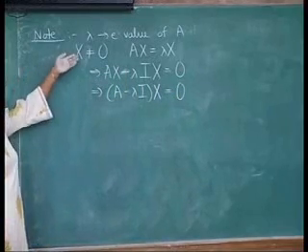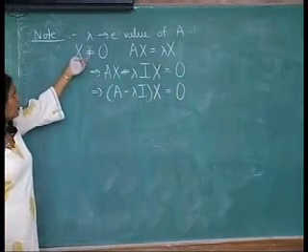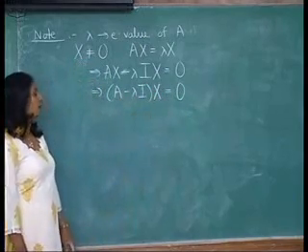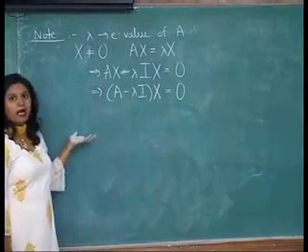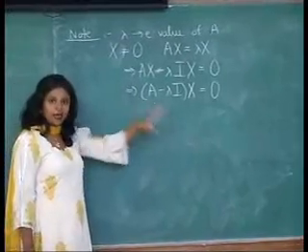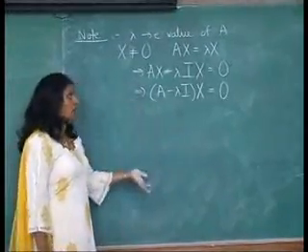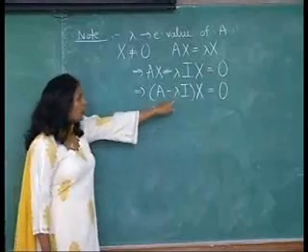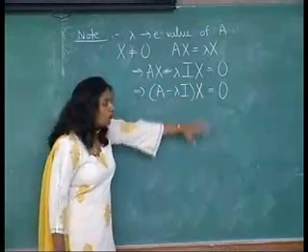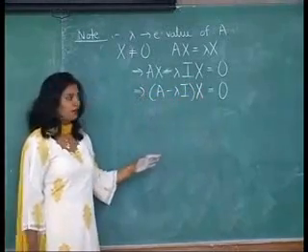So what I am doing is to look for a solution of this homogeneous system. So in order to find eigenvectors of a matrix, once you have identified the eigenvalues, for each value of lambda that you put over here, you get one homogeneous system.